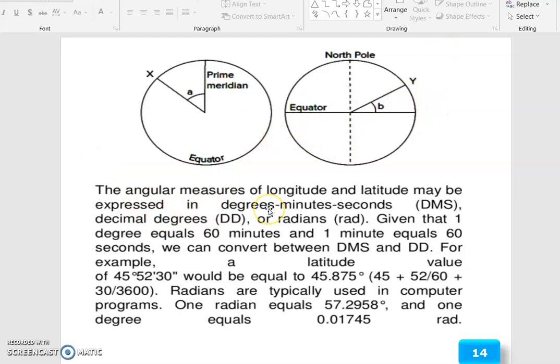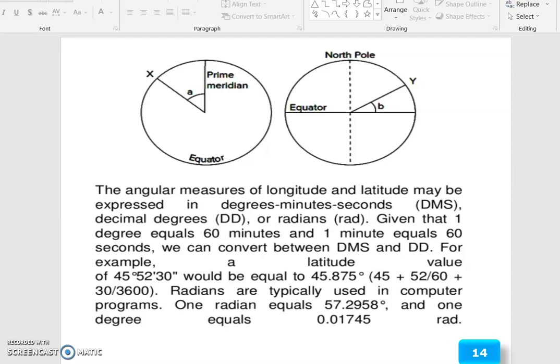The angular measures of longitude and latitude may be expressed in degrees, minutes, seconds, decimal degrees, or radians. Given that 1 degree equals 60 minutes and 1 minute equals 60 seconds, we can convert between degrees, minutes, seconds and decimal degrees.